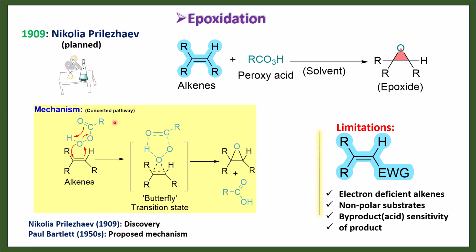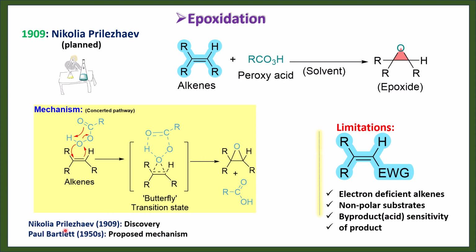This is a concerted pathway: the alkene reacts with the terminal oxygen of the peroxy acid, and this happens in a concerted way, giving the epoxide and the acid as the side product. This happens through a butterfly transition state, although the mechanism was initially not understood.